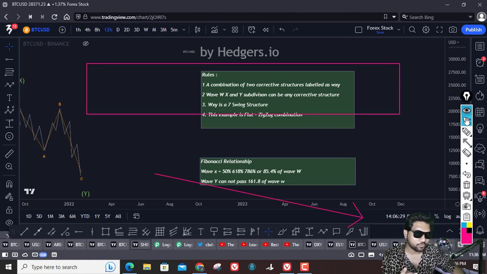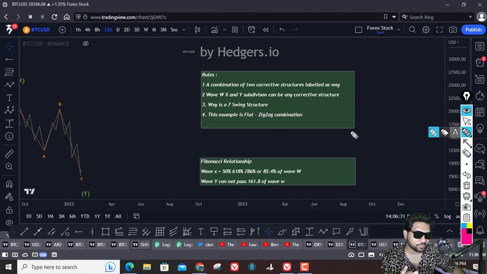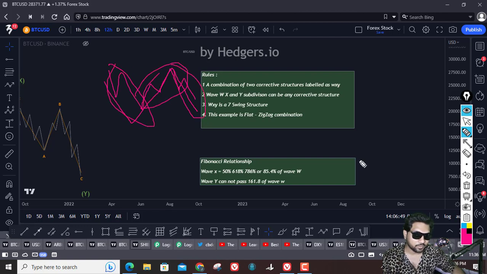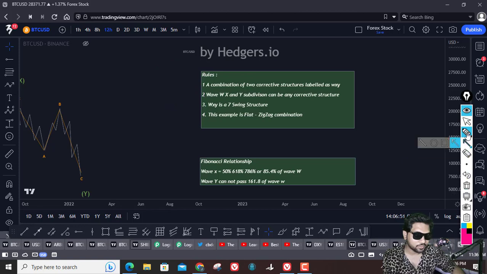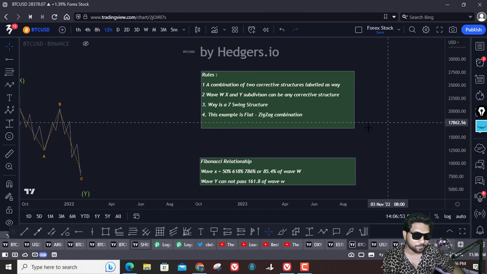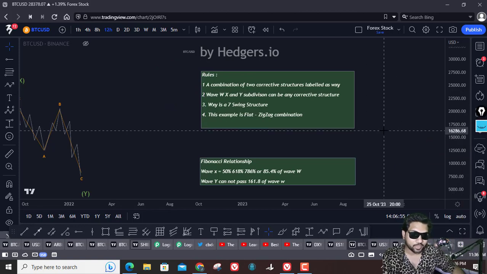For example, if you see something like this, ABC as a corrective move to the downside, and then you see a three wave move to the upside like this, and then like this. So that is your WXY corrective wave, which consists of double correction waves. That is how you can know that your WXY correction is happening here.